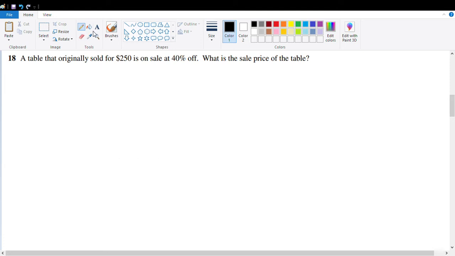So again, what do we do? We're dealing with percent, and we're dealing with something 250, and then we're finding the new price and whatnot. How do we tackle this?